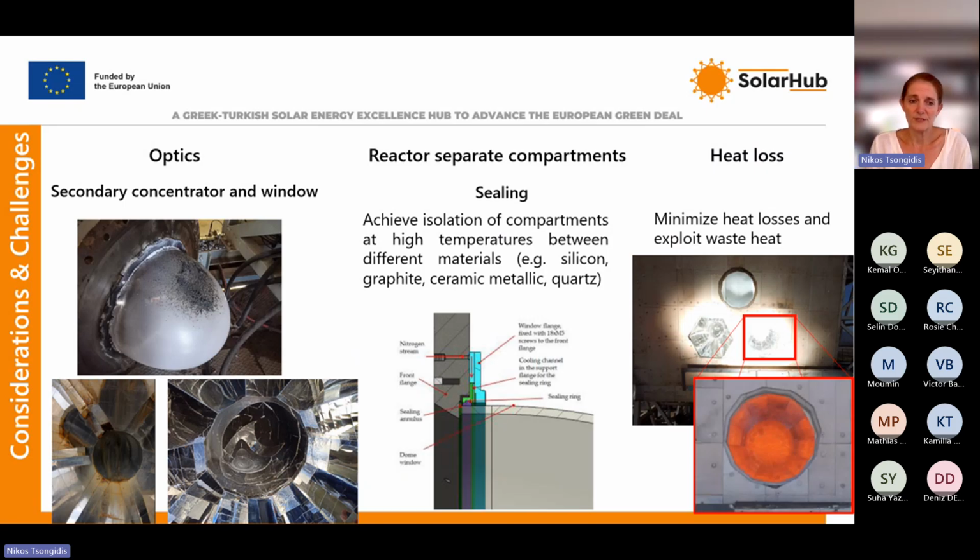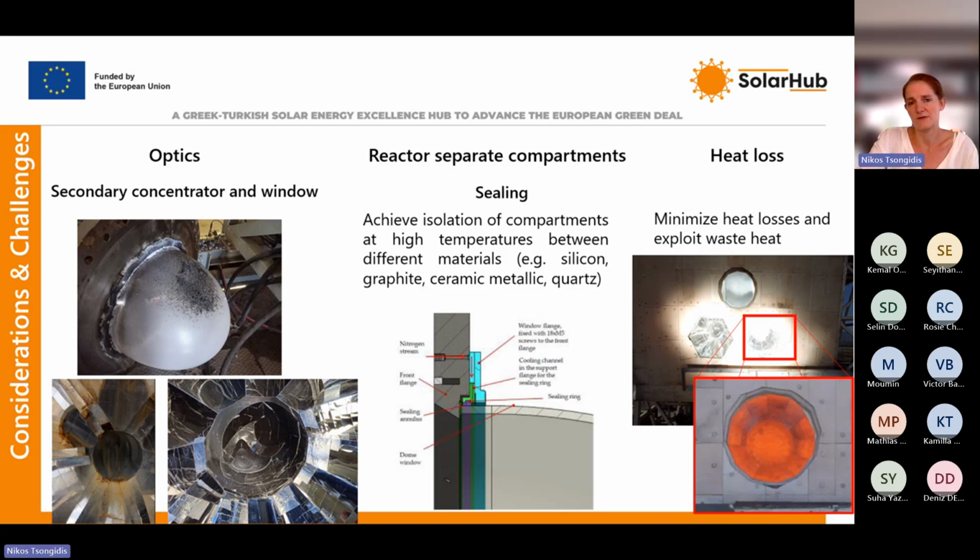So the optics are affected during the operation of the reactors, and this is a challenge that needs to be dealt with so that we can secure safe and maximum operation of the reactor.